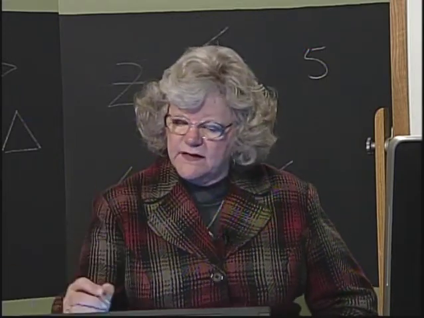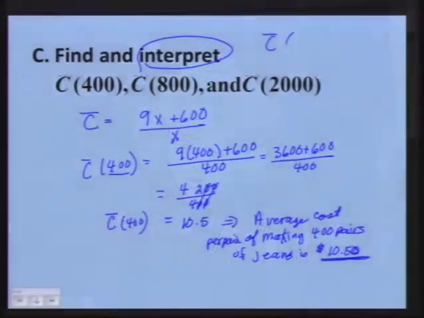Well, let's write that down. That C bar of 400 is $10.50, so the average cost per pair of jeans is $10.50 when we make 400 pairs. And let's see what happens when we go to 800 now.